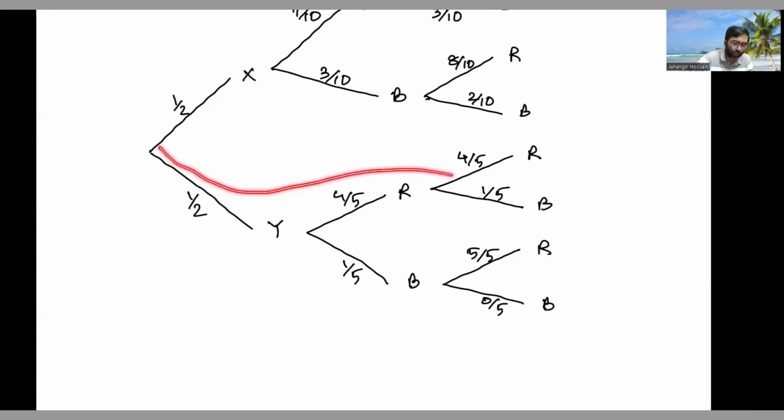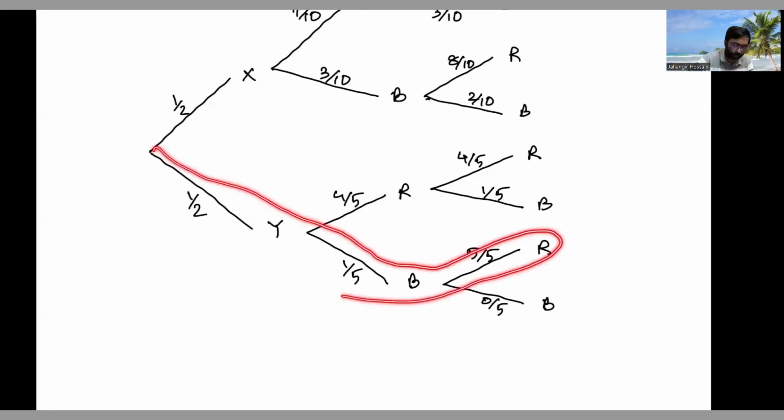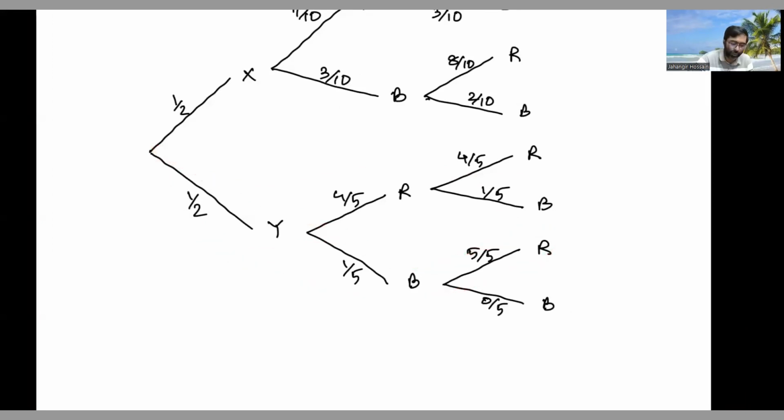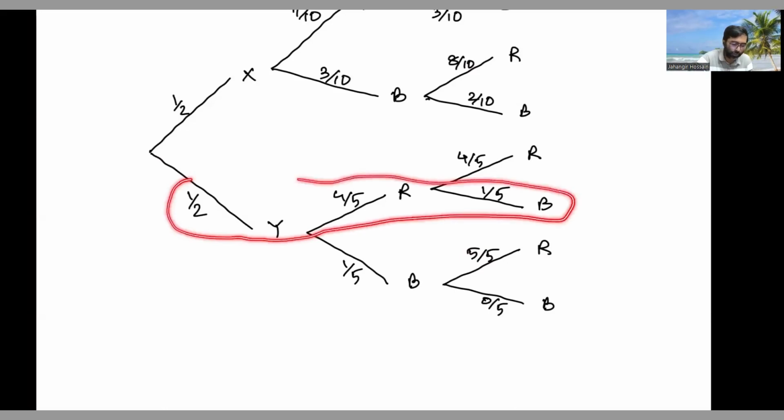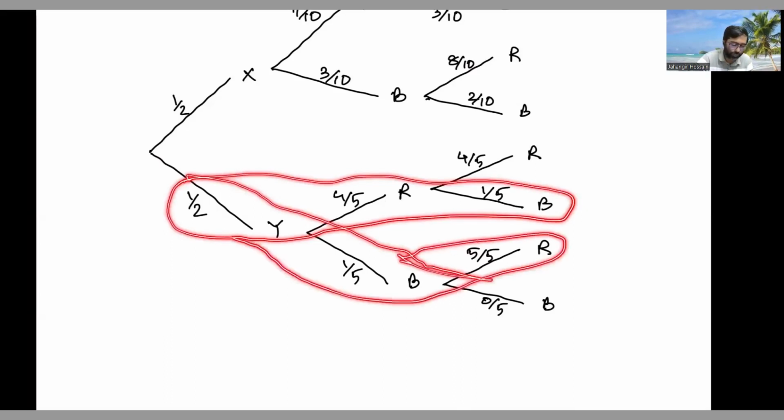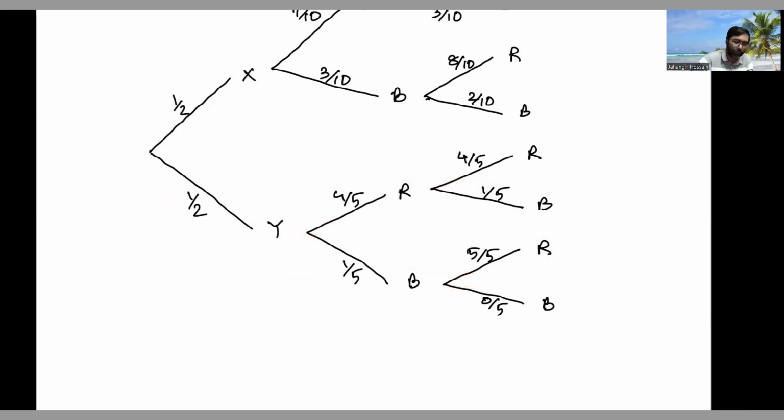So this is Y red blue or Y blue red. Half times 4 by 5 into 1 by 5, or half times 1 by 5 into 5 by 5. Okay, so these are the two answers.